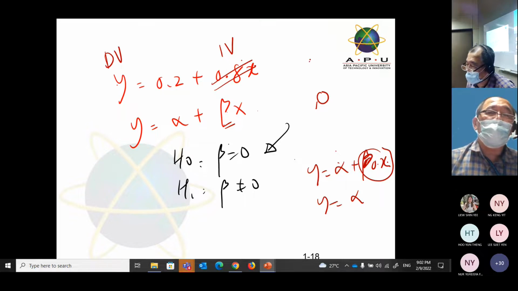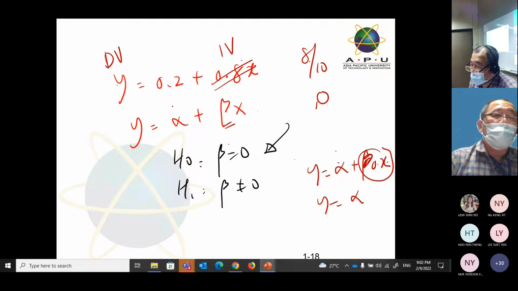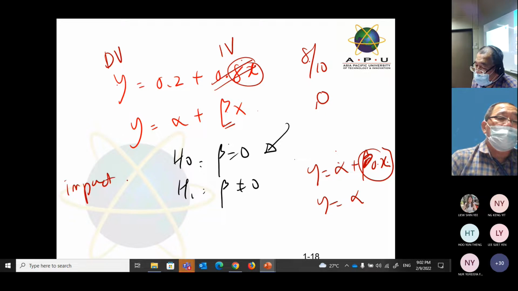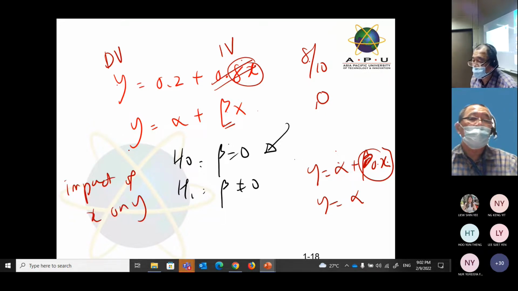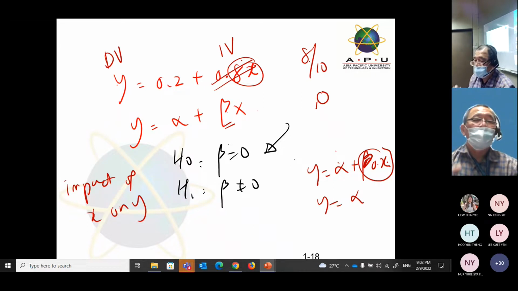Why I say you score 8 of 10? Because we are actually doing the regression. Therefore, it's basically on the impact of the x on the y. The impact of the x on the y is cause and effect.